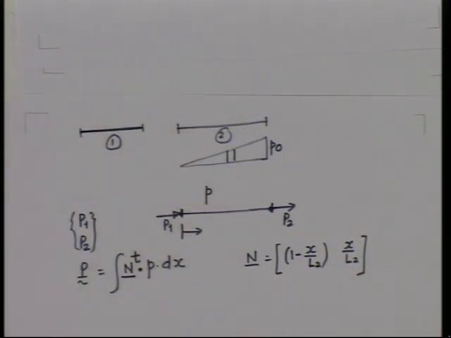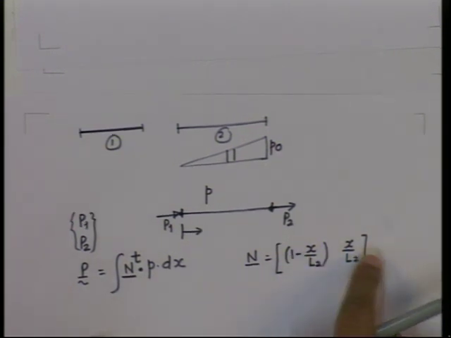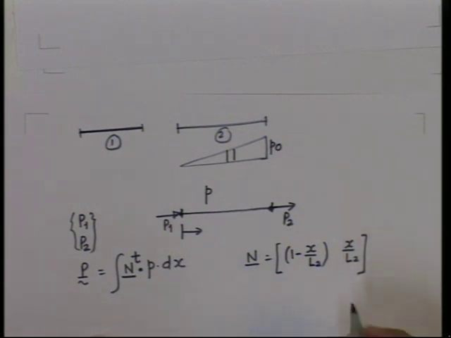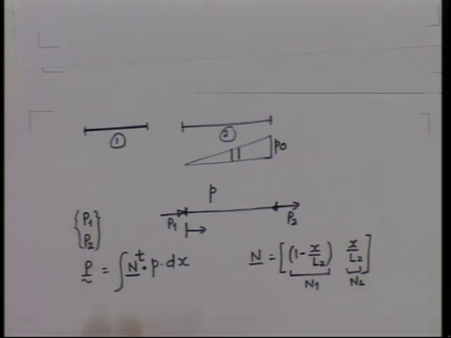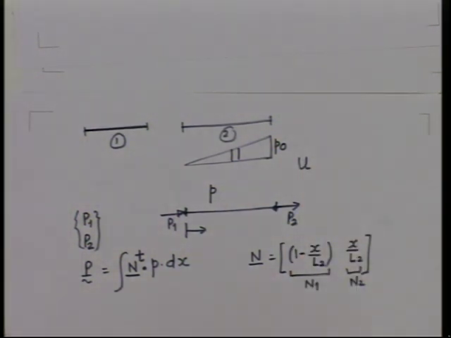This is my shape function, because this multiplied by u1 and u2 gives you u. This is N1 and this is N2. So, N1 multiplied by u1 and N2 multiplied by u2 gives you the displacement at any point u. That should be kept in mind. The relation is exact. This relation between u and the shape function is exact.